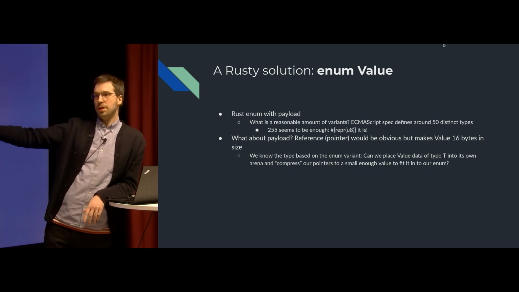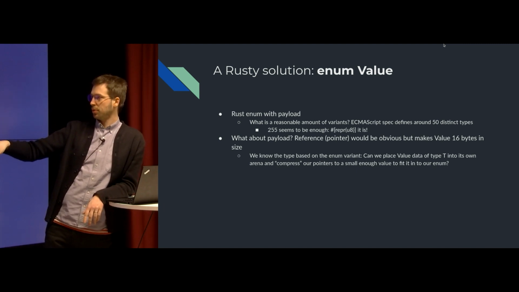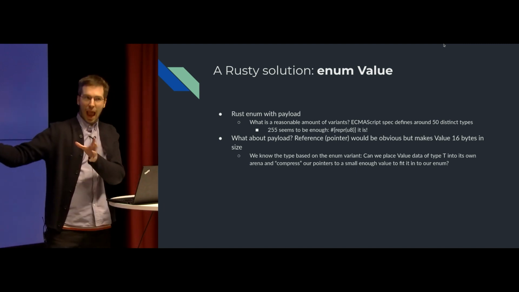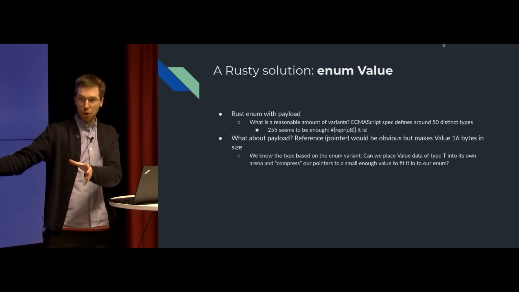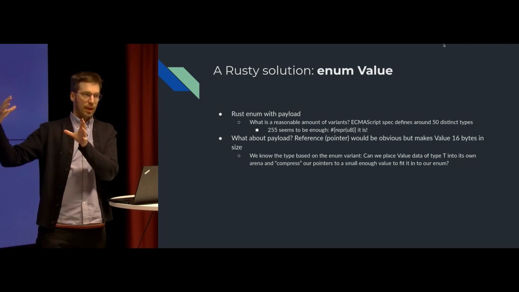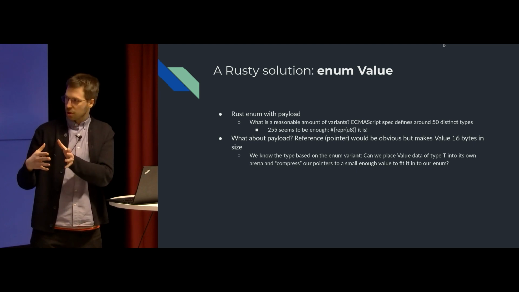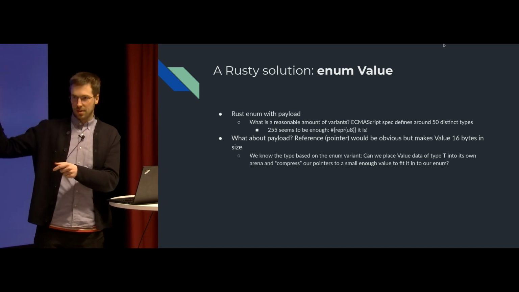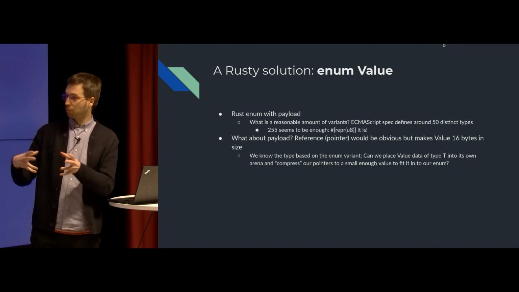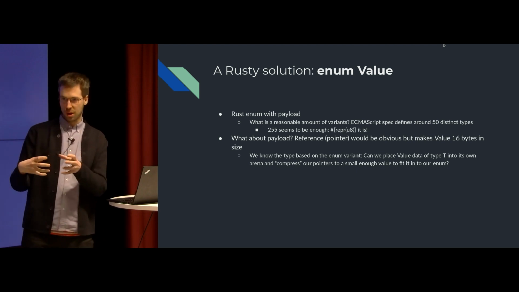So can we place the data for that type, T, into some arena that we can know, and then compress our pointers small enough that we could fit it in, to end up with our value compressing down to 8 bytes?